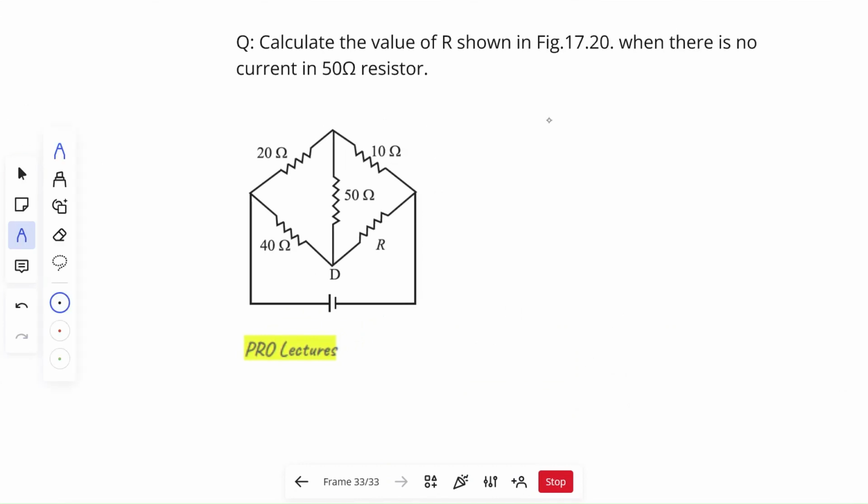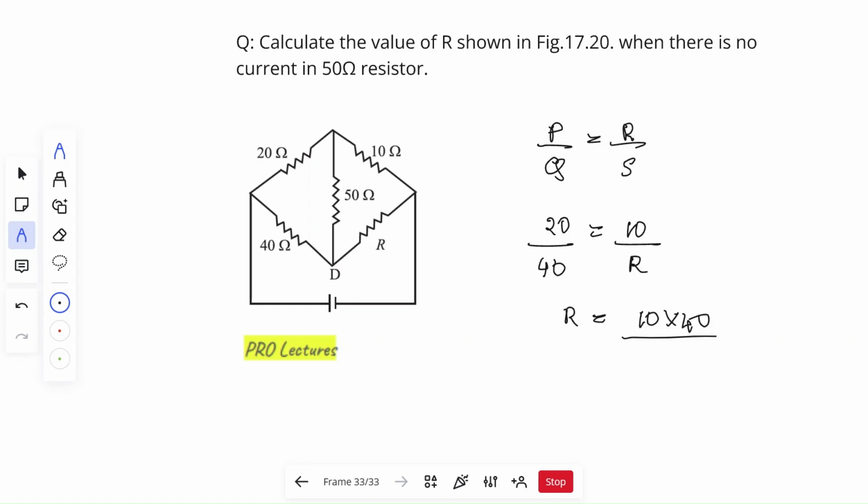The condition for the Wheatstone bridge is P by Q is equal to R by S. Since P is here 20 ohm, Q is here 40 ohm, R is here 10 ohm, and S is the R. Therefore, R is equal to 10 into 40 by 20, which is equal to 20 ohm.